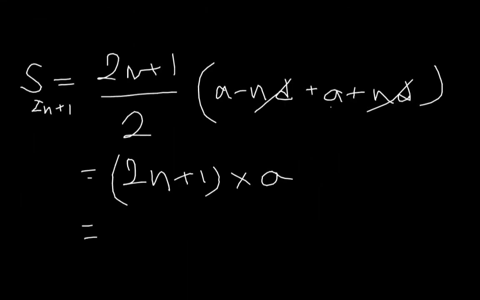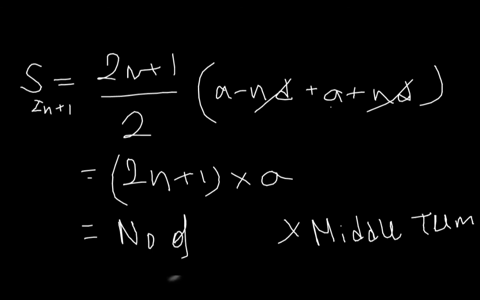This a is my middle term, and this one is my number of terms. Wasn't this what we had to prove? Yes. So this is the proof.